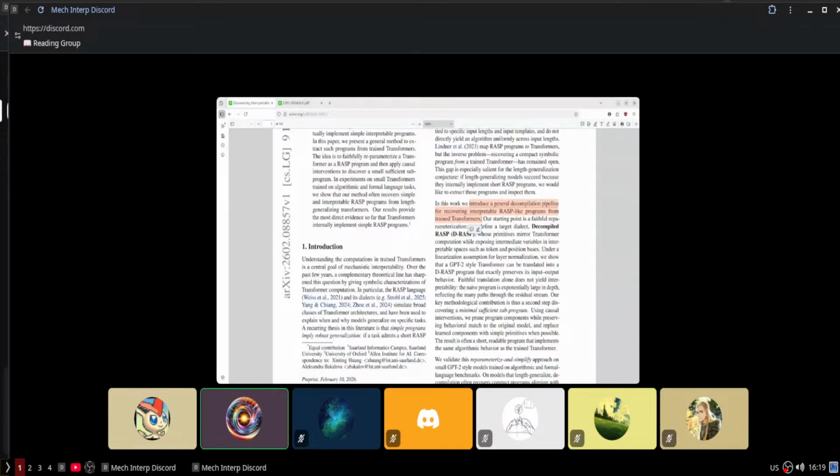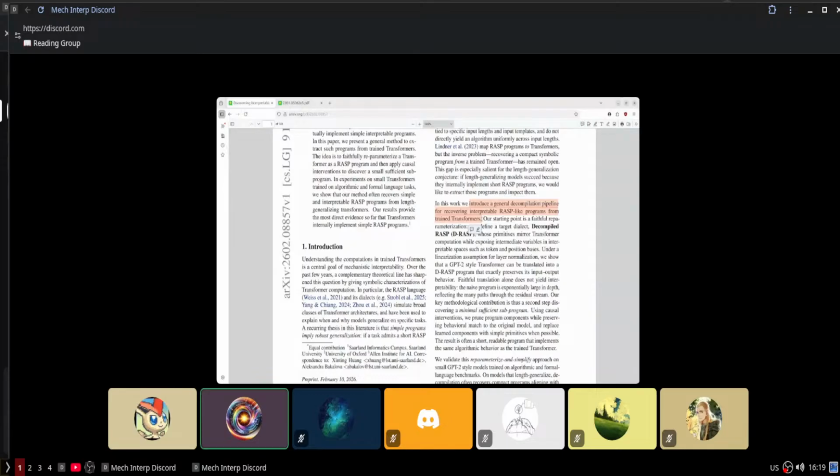So I guess similar here, you have a RASP program, which is some algorithm. I'm not sure exactly which programs are defined as RASP programs. One program could be the trigonometric algorithm, for example.